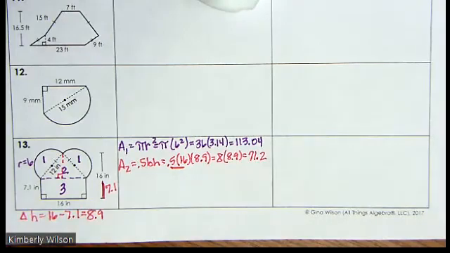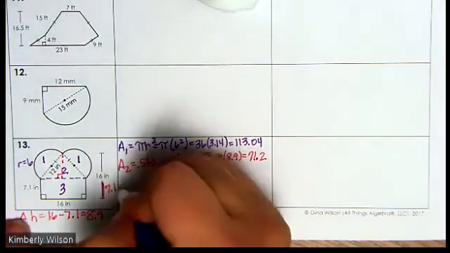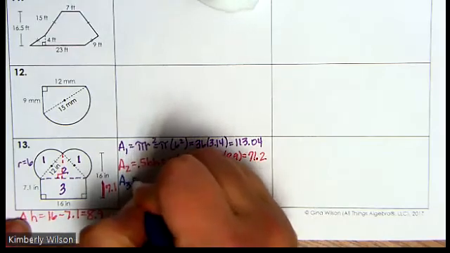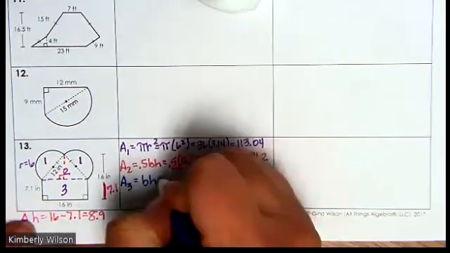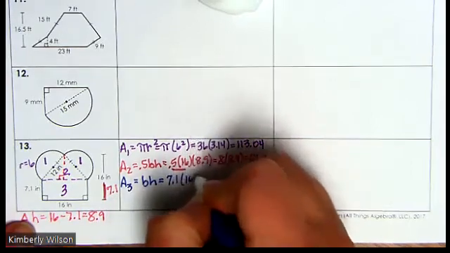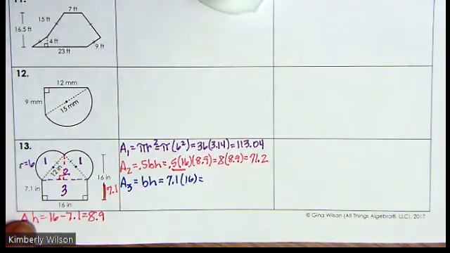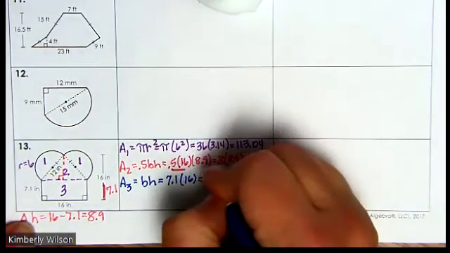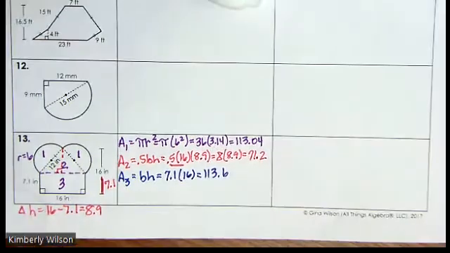And next, the third shape, which happens to be a nice little rectangle, which is base times height, which is going to be 7.1 times 16, which gives me 113.6.